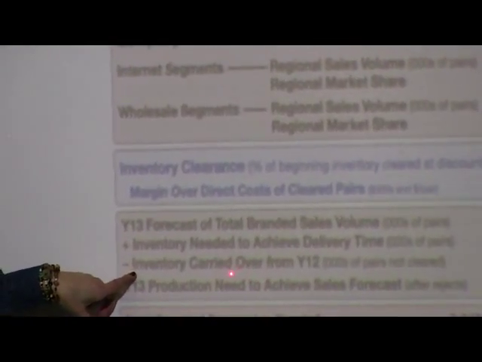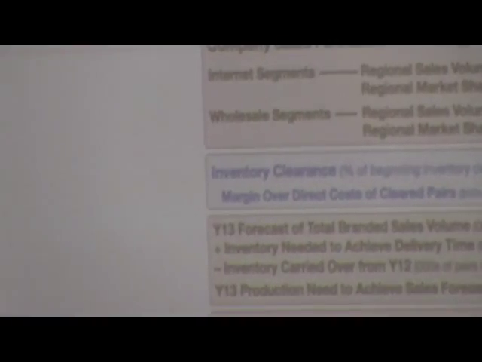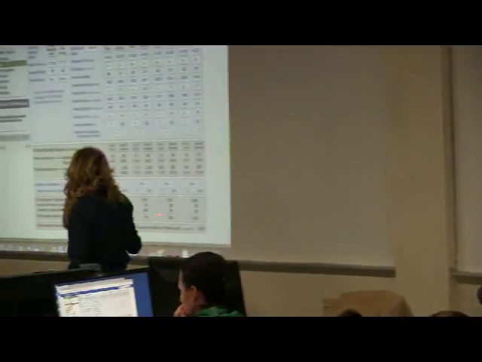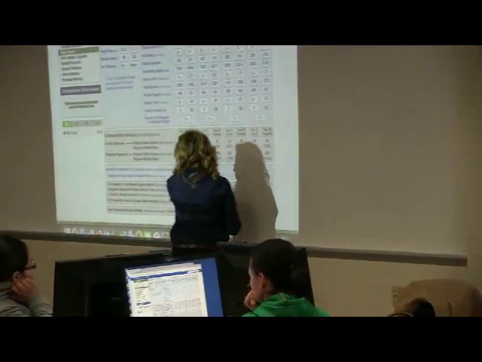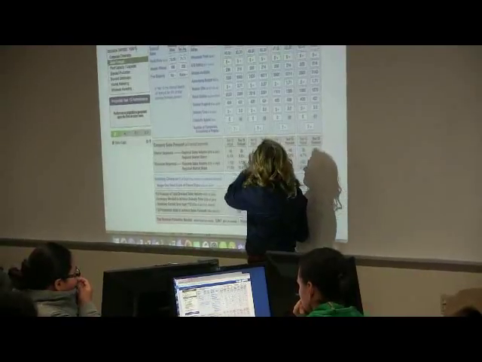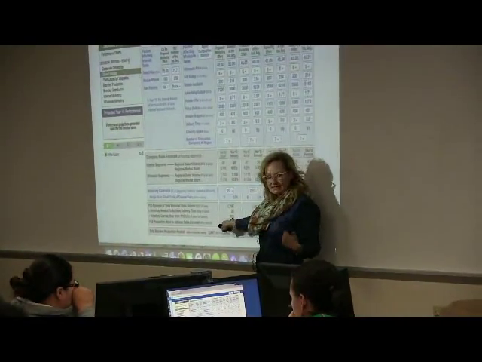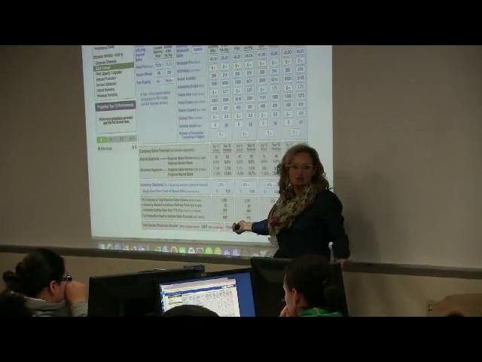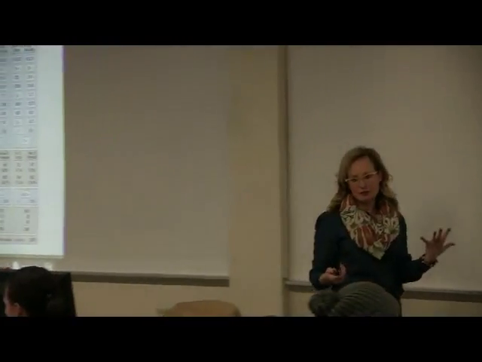What this pink section is doing, by the way, it's right there, inventory carried over from year 11. So what this whole area is saying is, based on this mix right here, and based on this inventory that's left over, this is how many shoes you have to make in branded just to sell to North America.